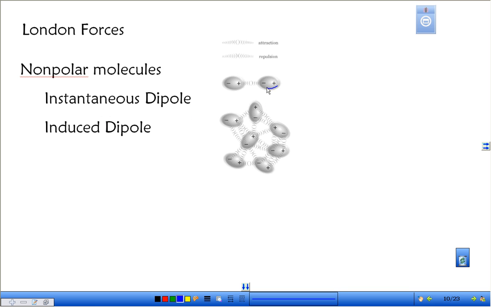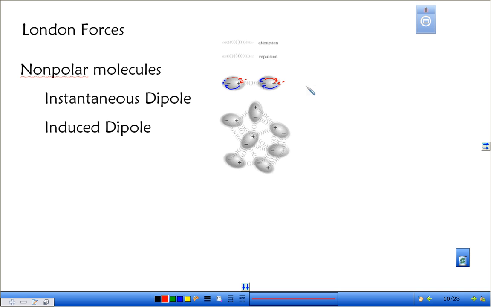An electron density tends to move in one direction and slides over here, making this slightly negative. That causes the molecule next to it to be induced, and its electron density moves to the other end. Now the molecule is not very stable that way, so the one that was induced now becomes instantaneous, and its electron density moves the other way, causing this atom to be induced and the electrons move.